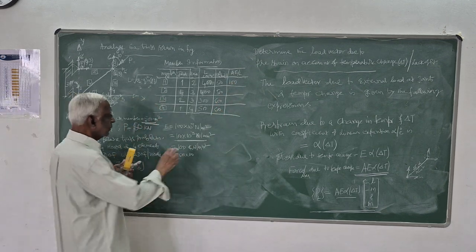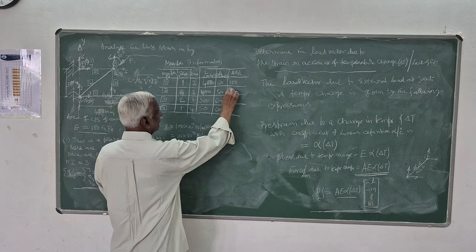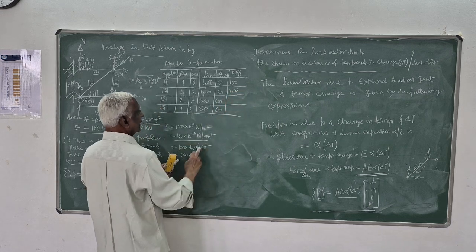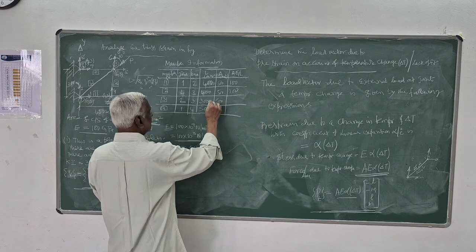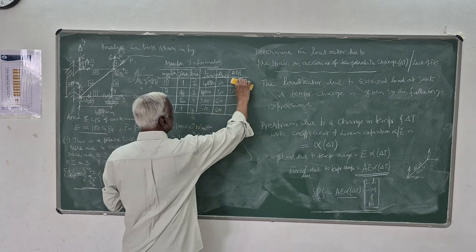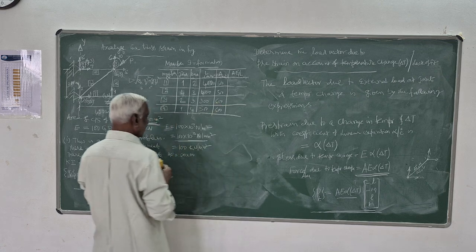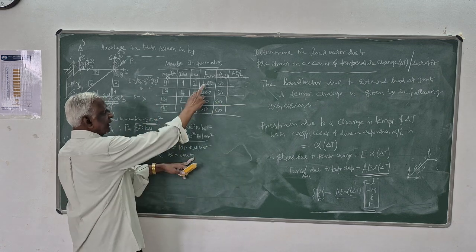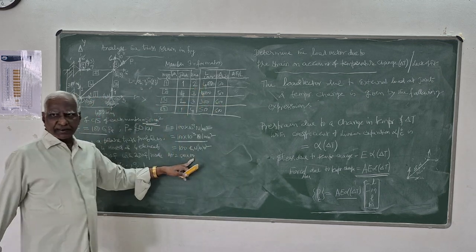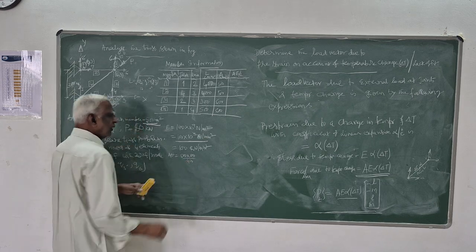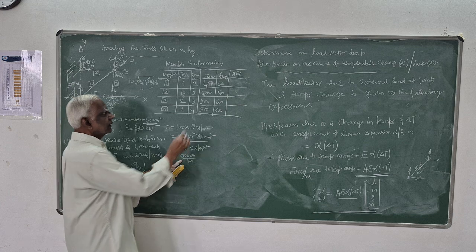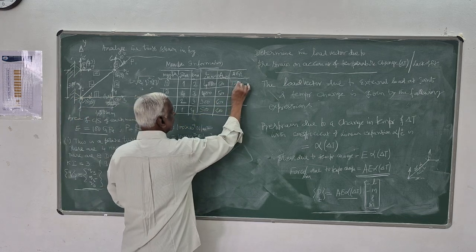Similarly for member 2, AE by L is 500 into 100 divided by 400, L is 400, that is 125.